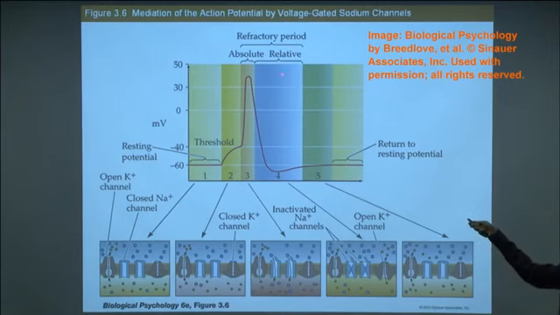This is the relative refractory period. Here, you can possibly get a second action potential, but you have to really stimulate it. And you have to really stimulate it because at this point, you have your voltage-gated potassium channels opening up. They're letting more and more potassium out. You're getting more negativity on the inside.